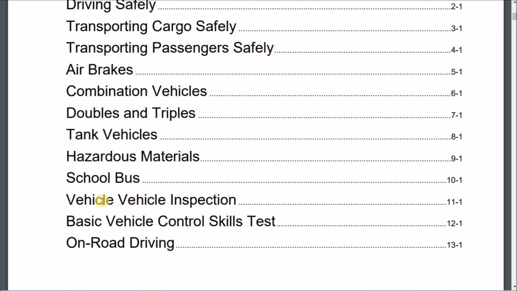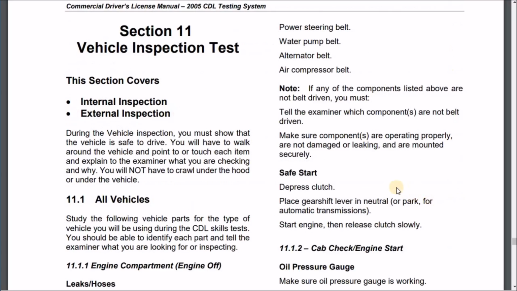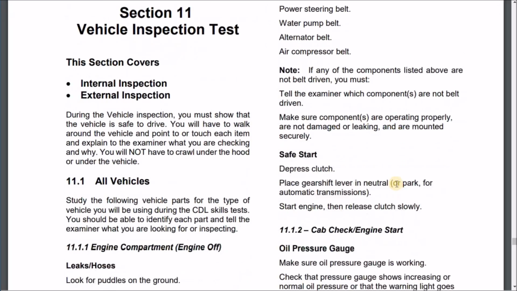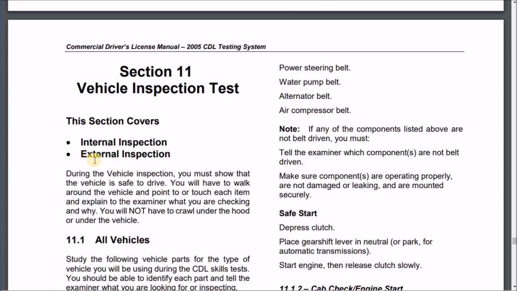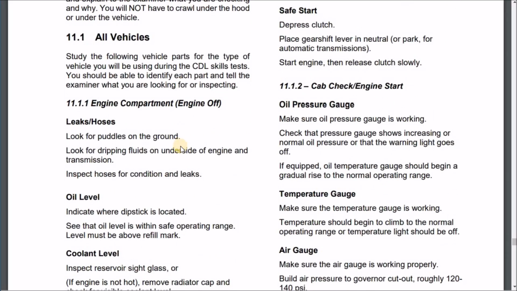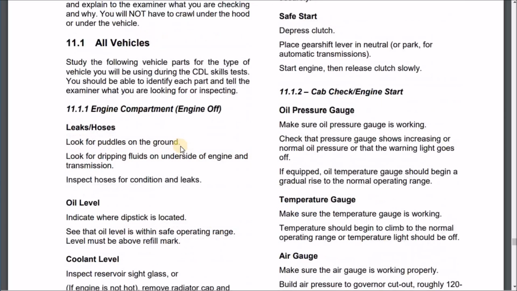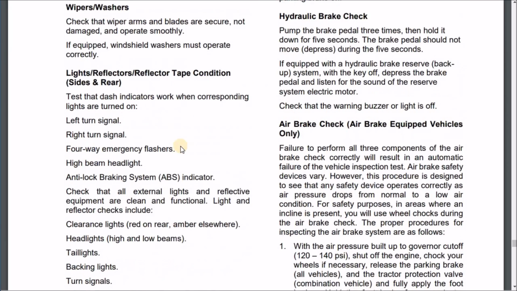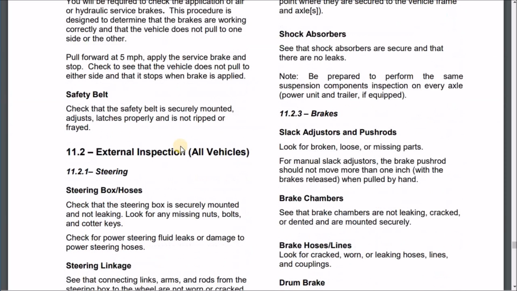So now let's go into a vehicle inspection. So just click on the link. Now, looks like they've got 2 main categories here: internal inspections and external inspections. So internal inspections, I would presume, are internal to your vehicle, which could include the engine compartment and the inside of the cab.